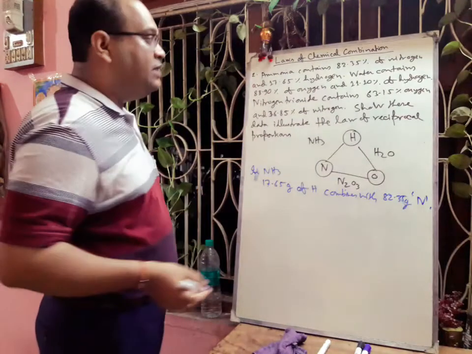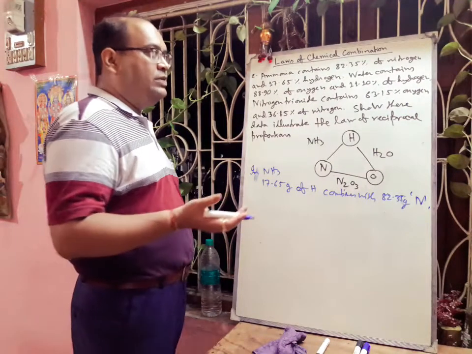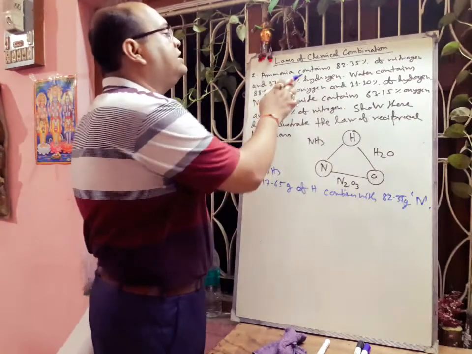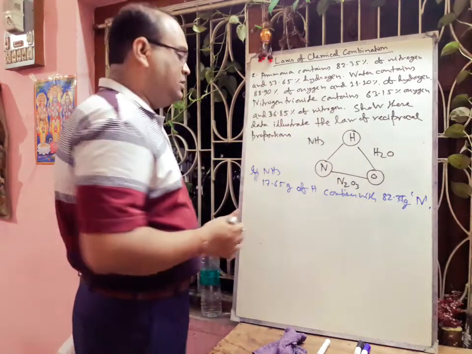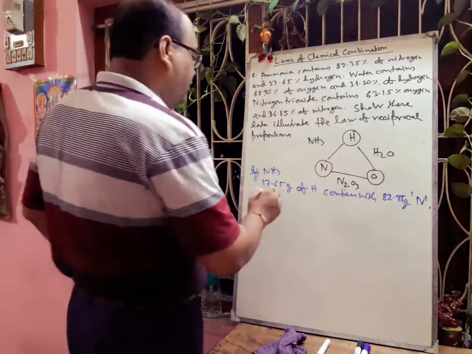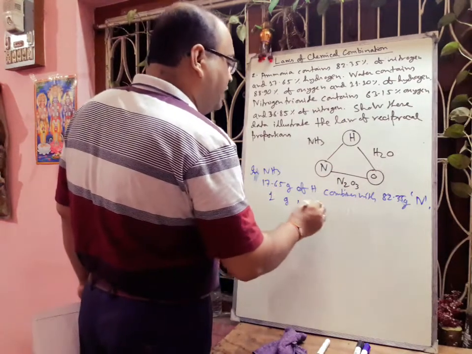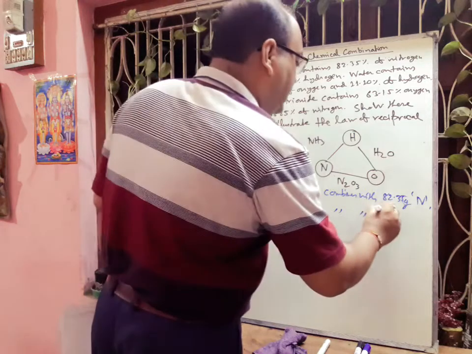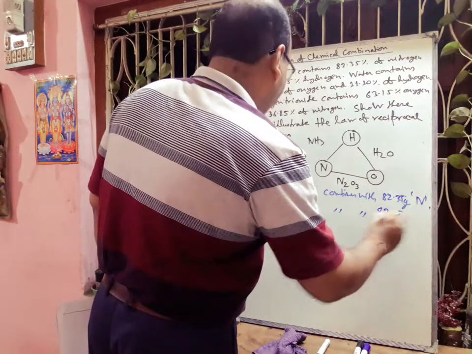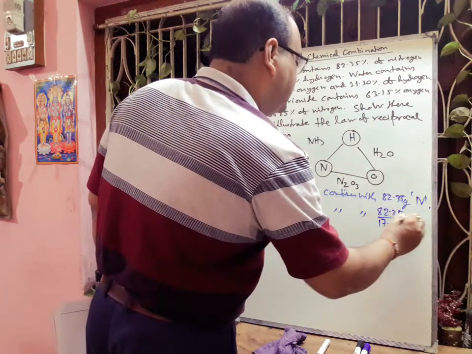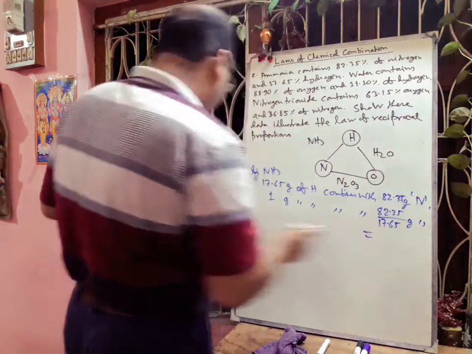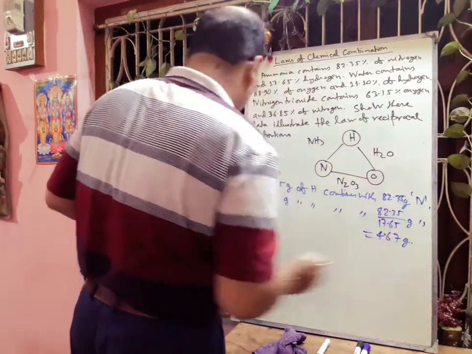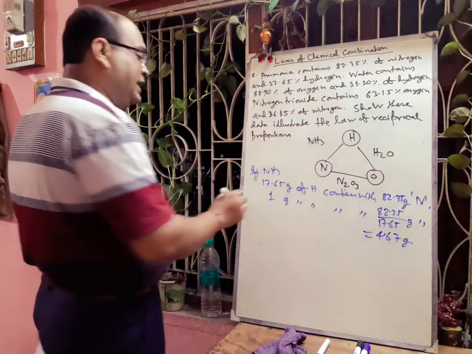Here percentage is given, we are taking that 100 gram compound is there, then 82.35 gram will be the nitrogen and 17.65 gram will be the hydrogen. Now here we will calculate how much nitrogen 1 gram of hydrogen combines with, that will be 82.35 divided by 17.65 gram nitrogen. If we calculate, we will get 4.67 gram of nitrogen.